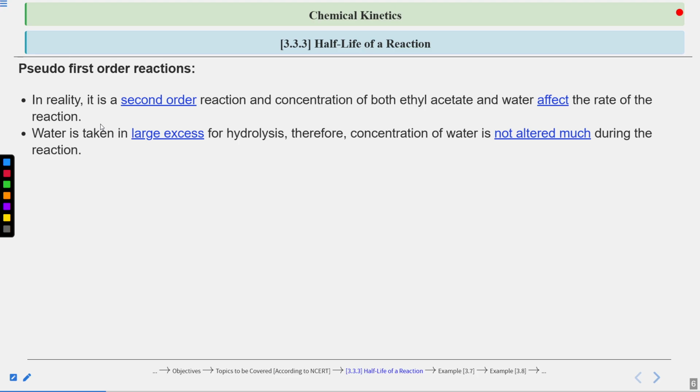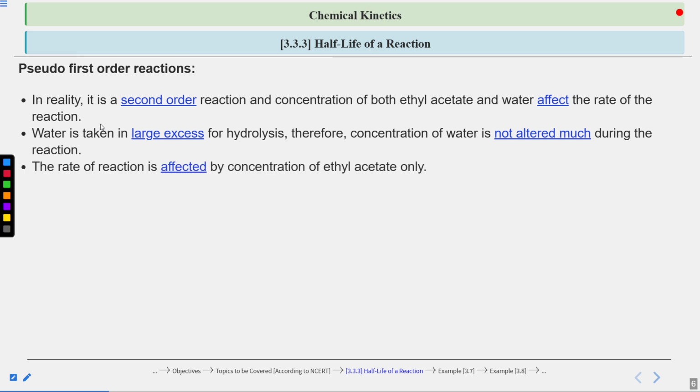Therefore, the concentration of water is not altered much during the reaction, because if something is limiting, it can be consumed first and then alter the rate of the reaction. But if something is already in large excess, like the water in the hydrolysis of ethyl acetate, then it will not alter much during the reaction.